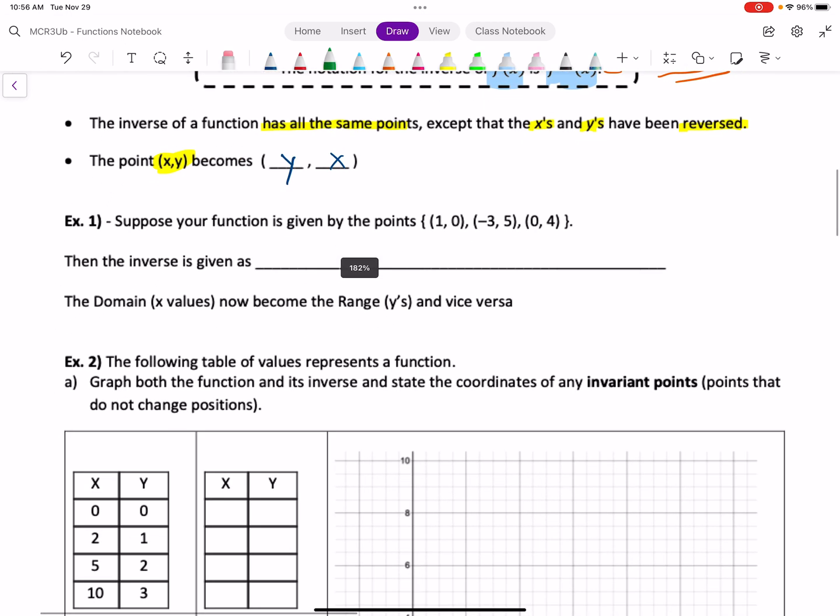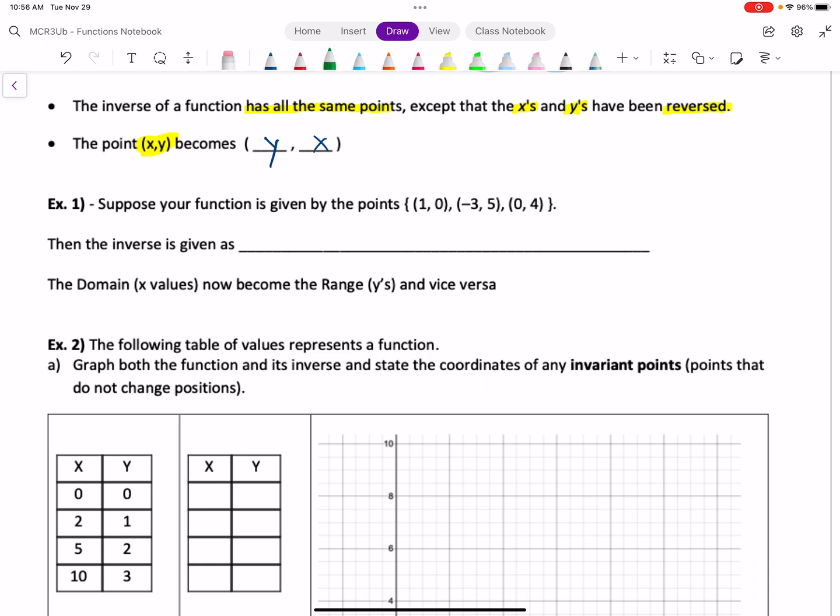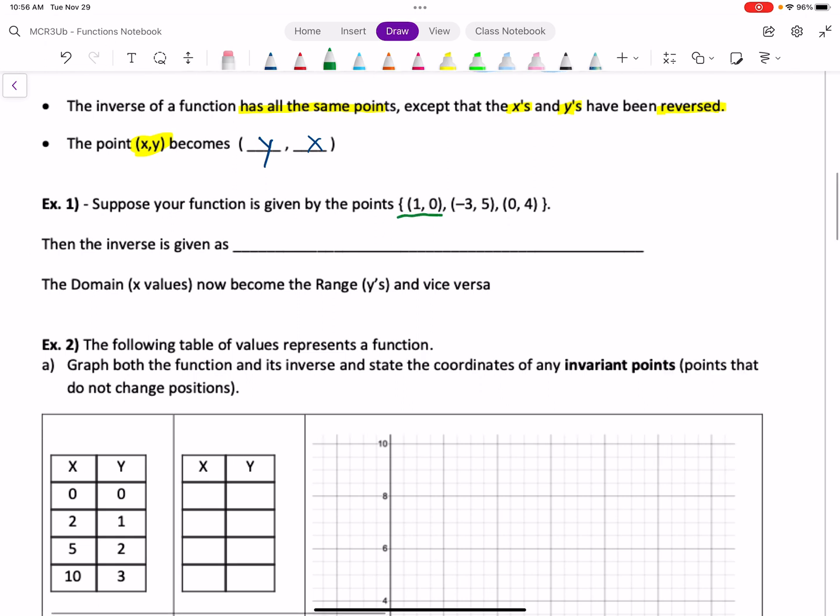So in example 1, let's say we have a function that is really just given by these points. There are 3 points here: (1, 0), (-3, 5), and (0, 4). That would mean that the inverse of that function would have the points where you switch, so the x becomes 0 and the y becomes 1.